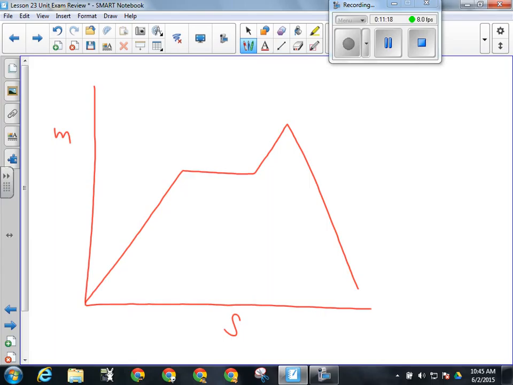Let's just say this is, I don't know, 6, 8, 1, 3, 6, 7, and 8. Something like that, just so we've got numbers. If I asked you to calculate the total displacement over the whole trip, how would you do that?